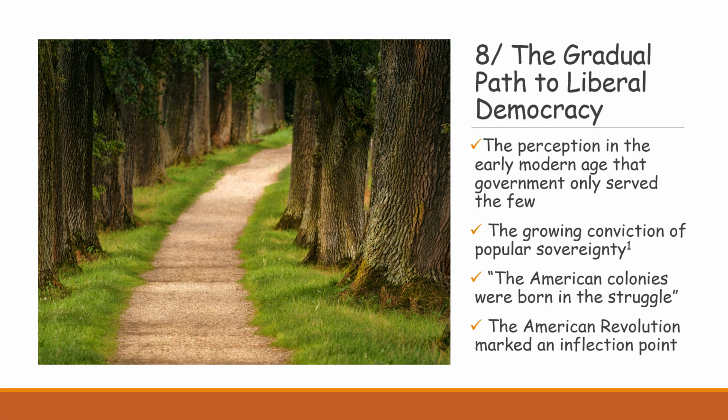And in this early period, in the early modern age, you still had ideas like kings ruled and governments were controlled by political elites. And so in the early modern age, government only served those people who could help those rulers. Okay.